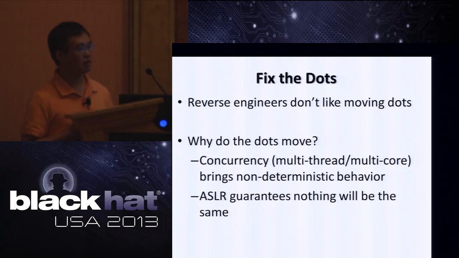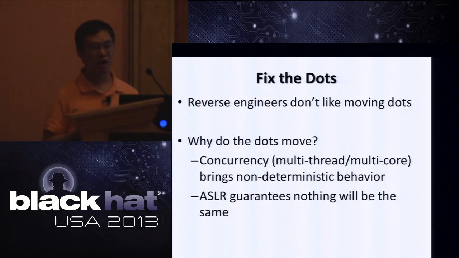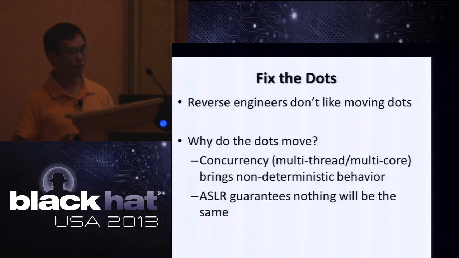What makes your target move? One thing is multi-threading issues, as people all know. Concurrency issues bring non-deterministic behavior. And this is multiplied by real concurrency from multi-core processors, multiple processors in the system.